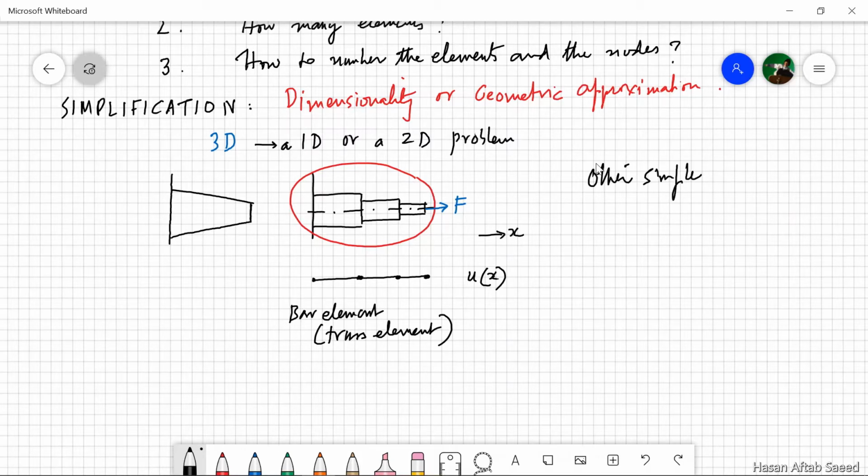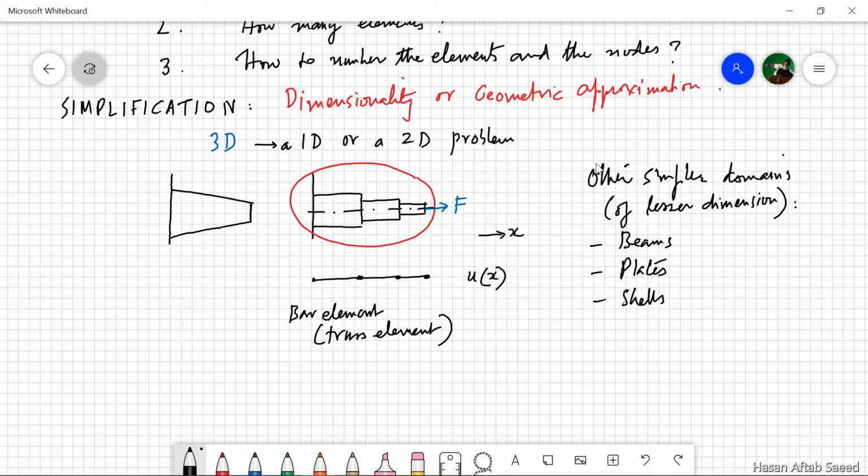Other simpler domains of lesser dimension. Let's call this for what it is. The dimensionality has been reduced. Beams, plates, shells, and we'll consider some of these in future classes.